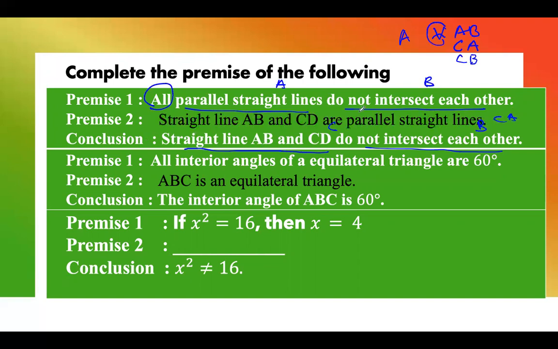The straight line ABCD are parallel lines. Parallel line is A, ABCD is C, so C is A. Actually the answer is in the question, so no need to crack your head. You just need to determine which is the answer.